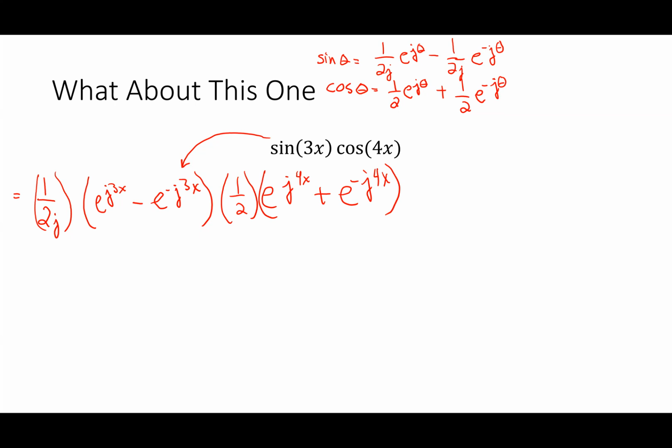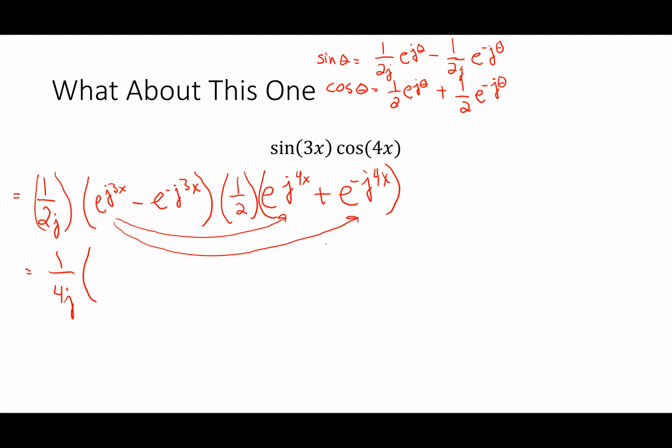Now what I got to do is turn this into 1 over 4j, and then I do essentially a foiling operation. We did that the other day. When I say foiling, I take e to the j 3x and multiply it by e to the j 4x, and e to the j 3x multiplied by e to the negative j 4x. That gives me e to the j 7x. And what happens when I multiply e to the j 3x times e to the minus j 4x?